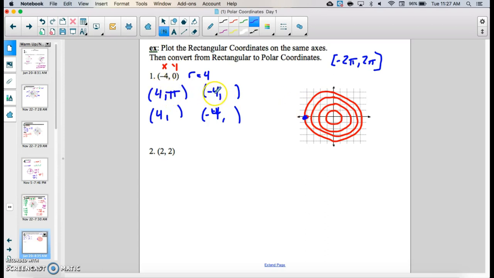If I was going negative 4, I could just be at 0. For another positive 4, I could be going in the negative pi direction. And for negative 4, I could be going a whole negative 2 pi around. So those would be 4 coordinates between negative 2 pi and 2 pi that all hit at that same spot.